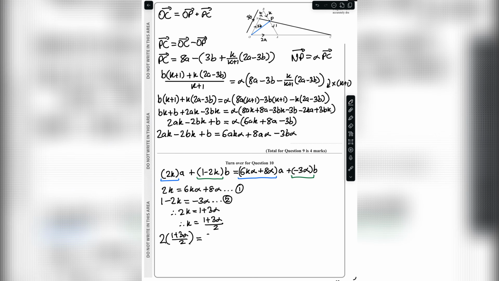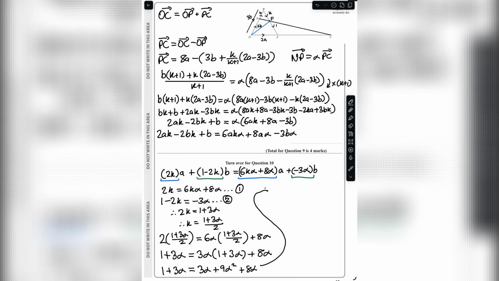And when we substitute this into equation 1, we have 2 times 1 plus 3 alpha all over 2, and that equals 6 alpha times 1 plus 3 alpha all over 2 plus 8 alpha. So 1 plus 3 alpha equals 3 alpha multiplied by 1 plus 3 alpha plus 8 alpha. So 1 plus 3 alpha equals 3 alpha plus 9 alpha squared plus 8 alpha.